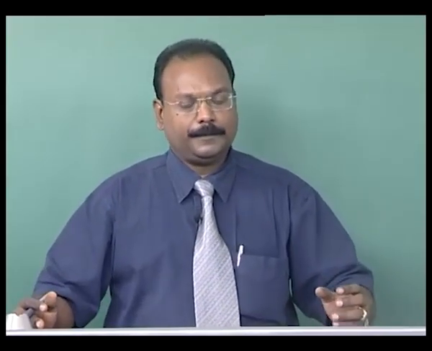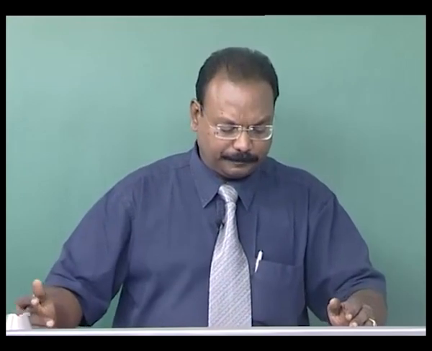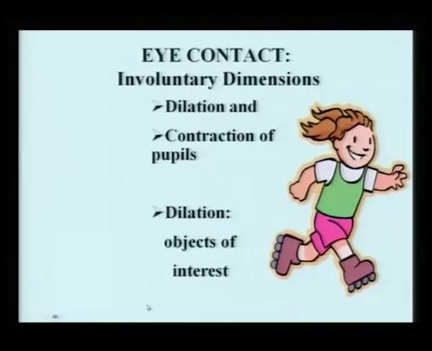Now coming to the risky part of eye contact, that is the involuntary dimensions. Why do I say that it's risky? It's risky because in the case of involuntary dimensions, the eye has two aspects. One is dilation and the other is contraction, especially with regard to the pupils.